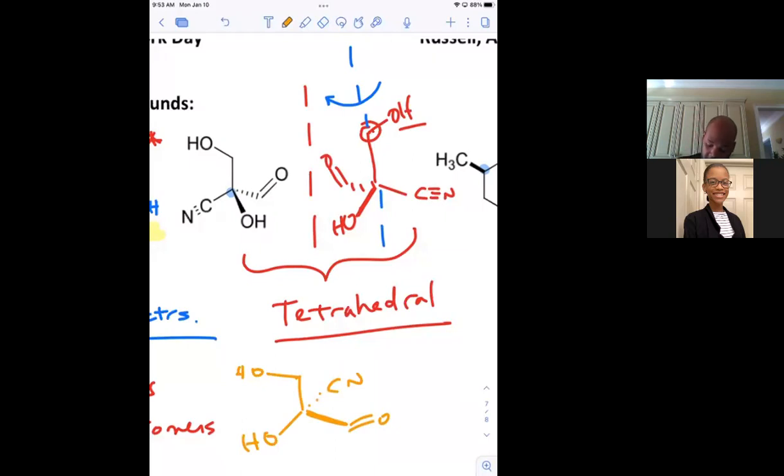If you rotate again, you'll get the OH here. The aldehyde will be back here. The point is that you're not going to be able to overlap them. And the cyanide will be here. So it just depends on how you rotate around that axis. But go ahead.